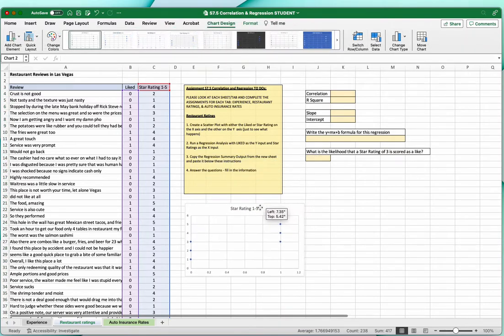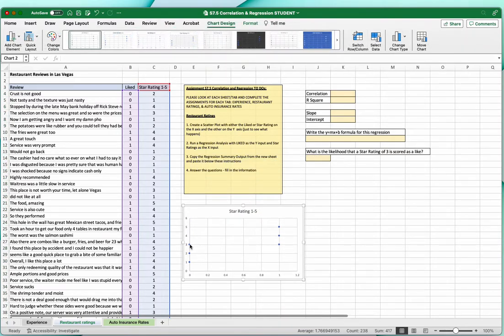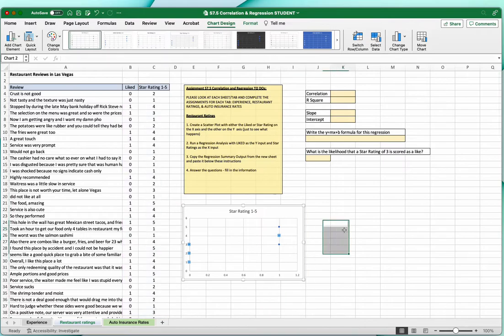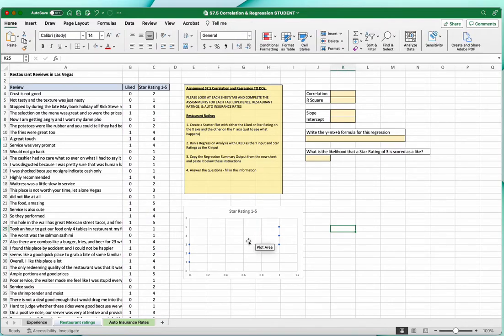Notice I just have some points on the 0 and some on the 1. You could put a trend line on here, but I just did this to show you what would happen. Not every time you have two variables do you have a scatter plot you would use.